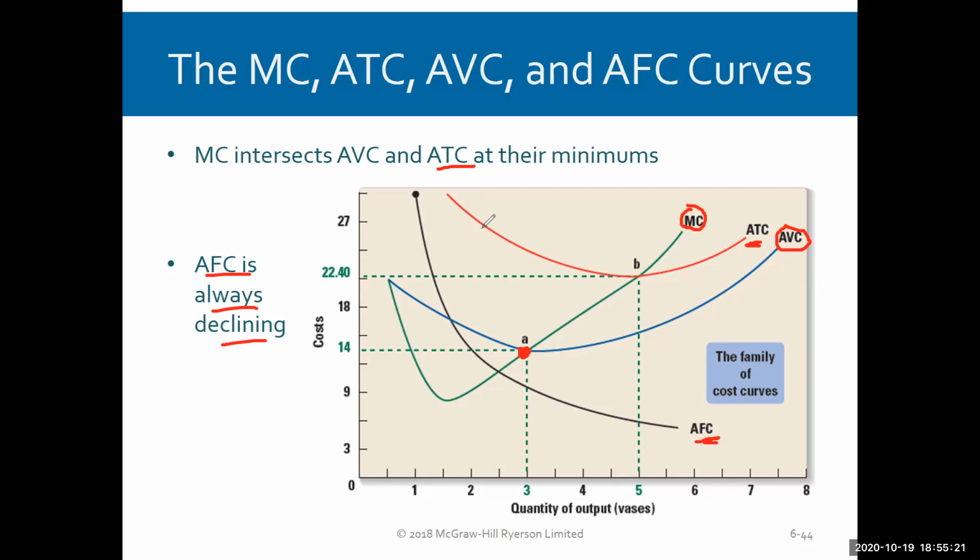So it'll keep declining until marginal cost touches it. Everywhere MC is below average total cost, ATC will keep falling. And then marginal cost pokes above it, and so average total cost starts rising again. So the relationship between marginal cost and average total cost is very similar to the relationship between marginal cost and average variable cost, in that it cuts both of them at their minimums.